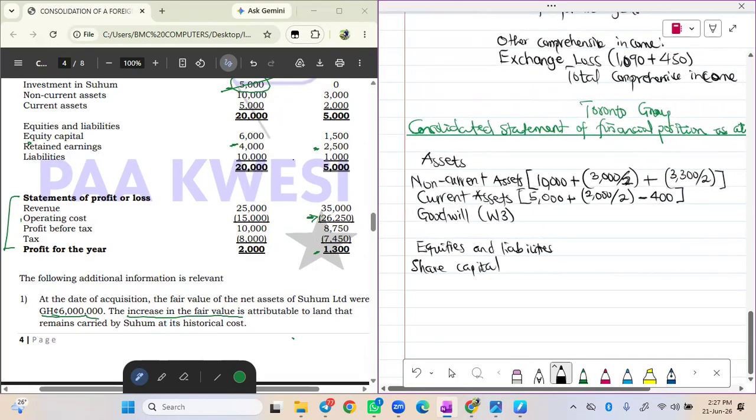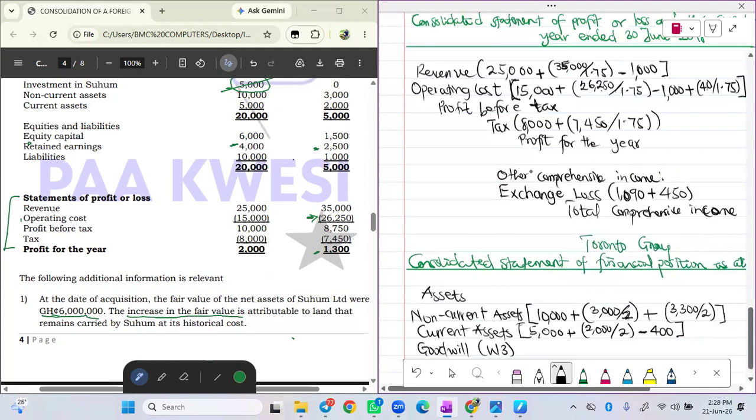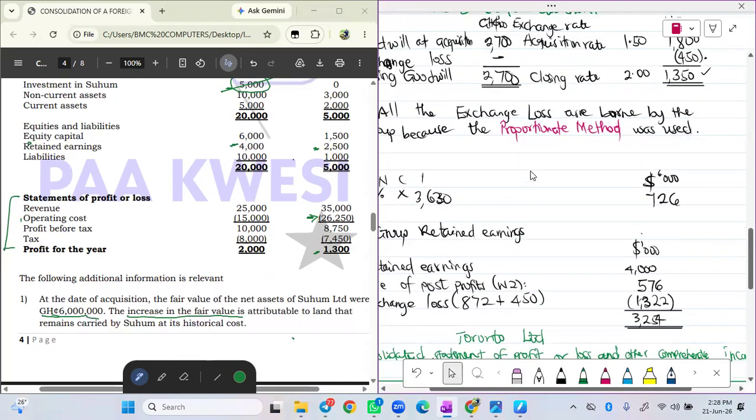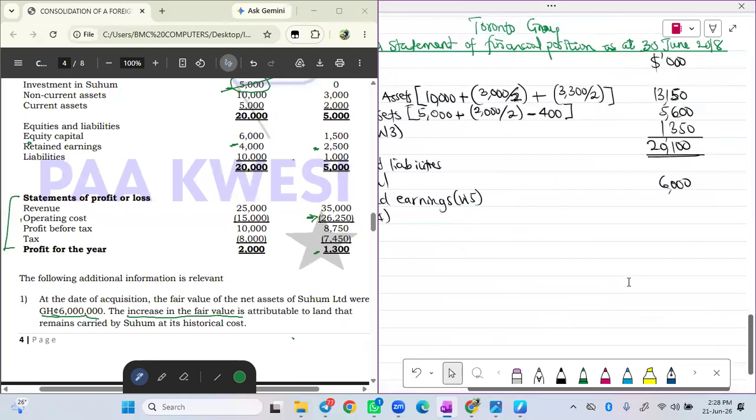The retained earnings will be replaced with the group retained earnings, working 5. After working 5, we will have our NCI, non-controlling interest, working 4. Working 5 got 3,254, working 4 726.